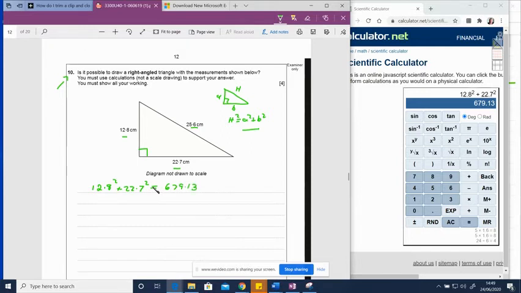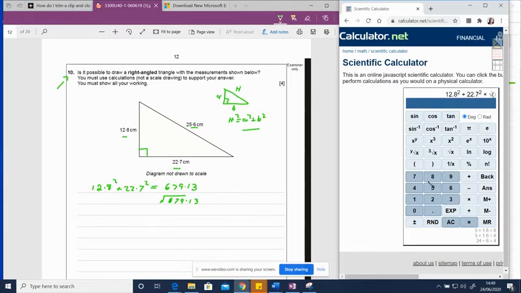Now let's find the square root of this, because if the square root of this is equal to 25.6, then we can say that the triangle is right angled. So the square root of 679.13, and again, using our calculator, use the square root button. Sorry, I'll just clear it.